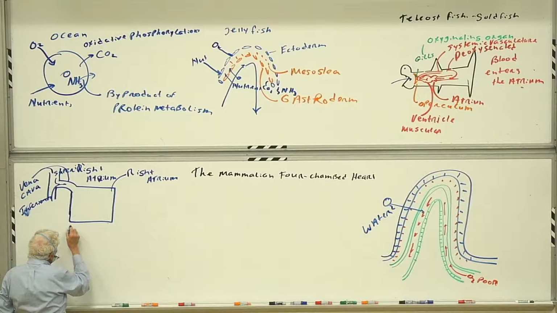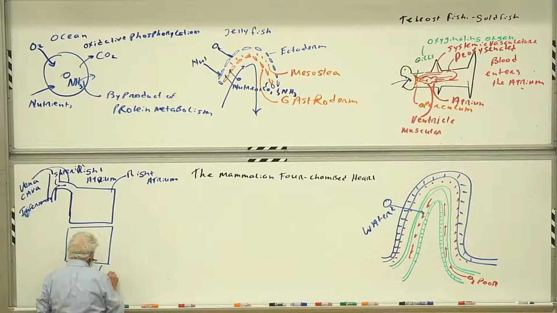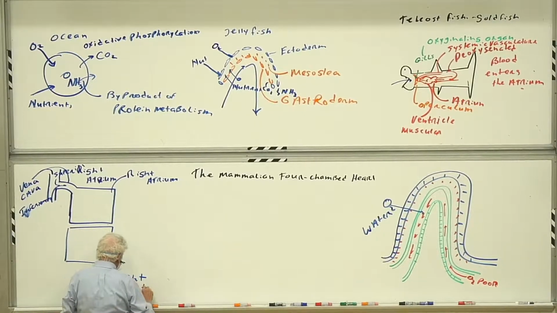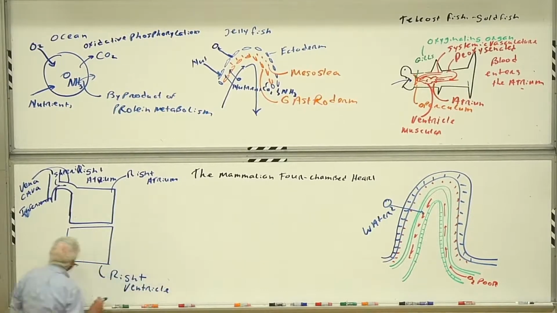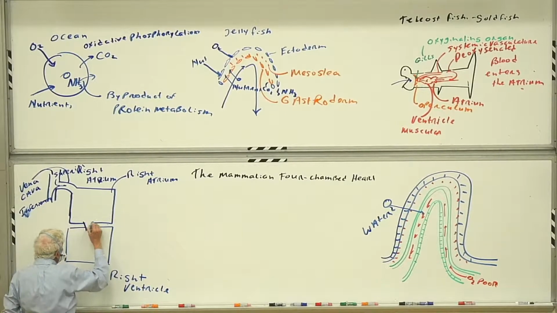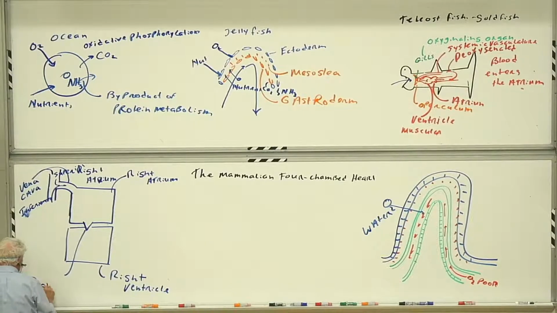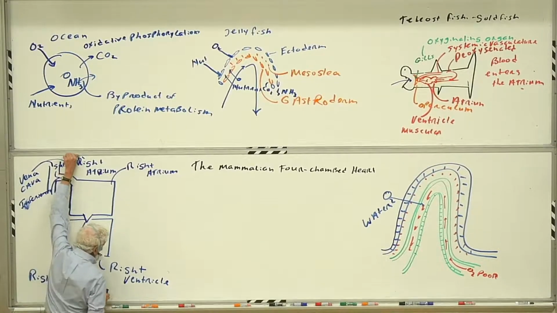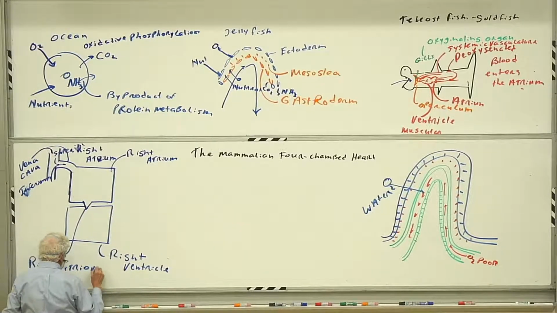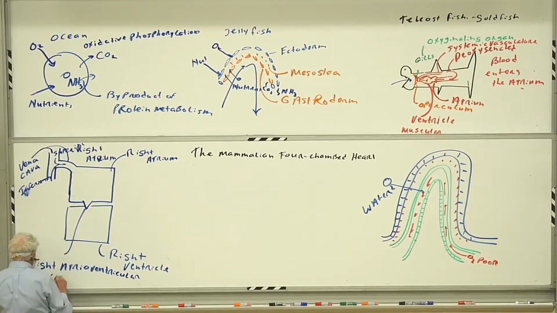There's another room down here. This other room is called the right ventricle. There's a door between the two rooms. There's a door right here. We give that door a name. We call it the right atrioventricular valve.